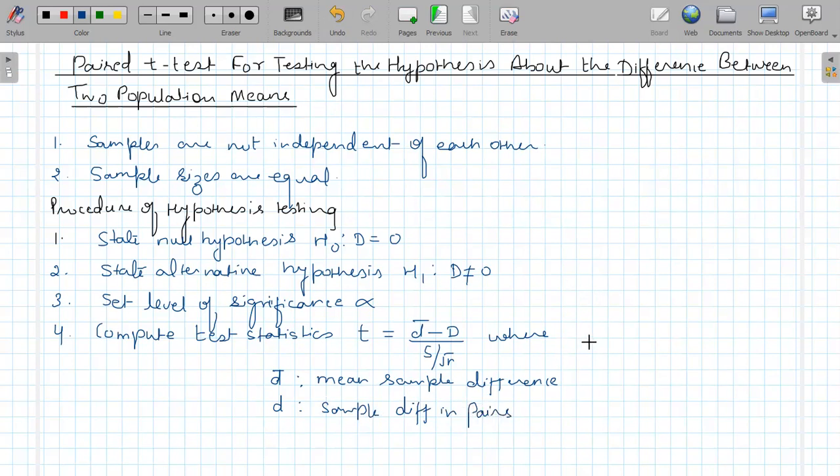S, or S square is the variance of those differences. N is number of pairs.